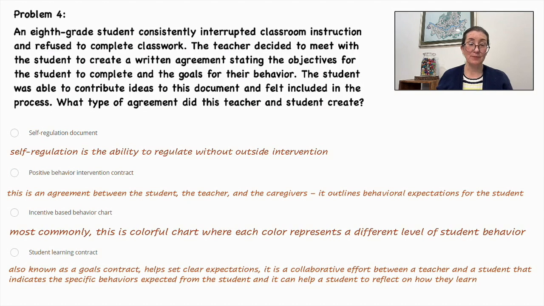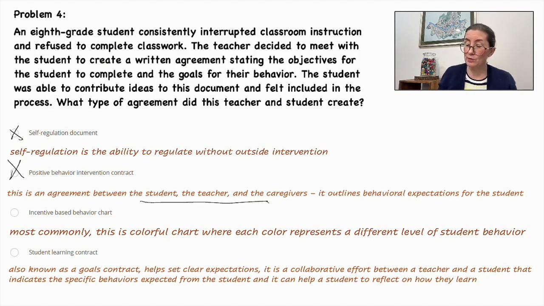Self-regulation document. The process of self-regulation is the ability to regulate without outside intervention. So this is not it. Next, we have positive behavior intervention contract. This is an agreement between the student, the teacher, and the caregivers. It does outline behavioral expectations for the student, but it is a 3-party contract.